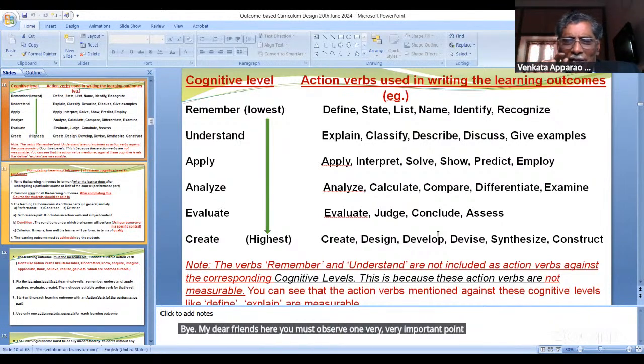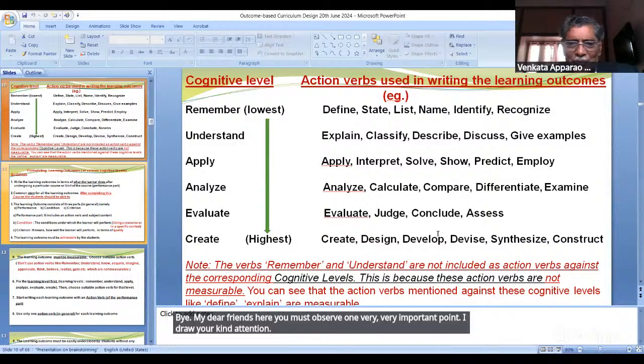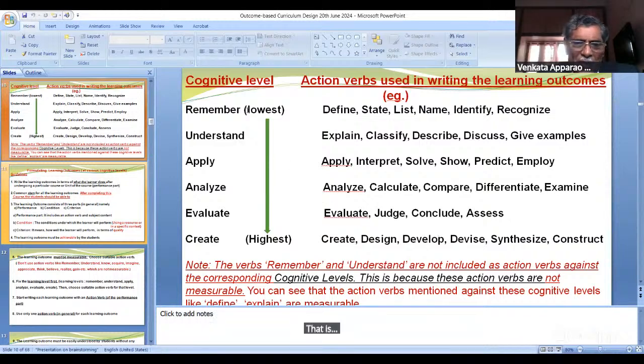I draw your kind attention. Remember cognitive level is there, but among action verbs, remember should not be used because you cannot give a question such as remember so and so theorem.